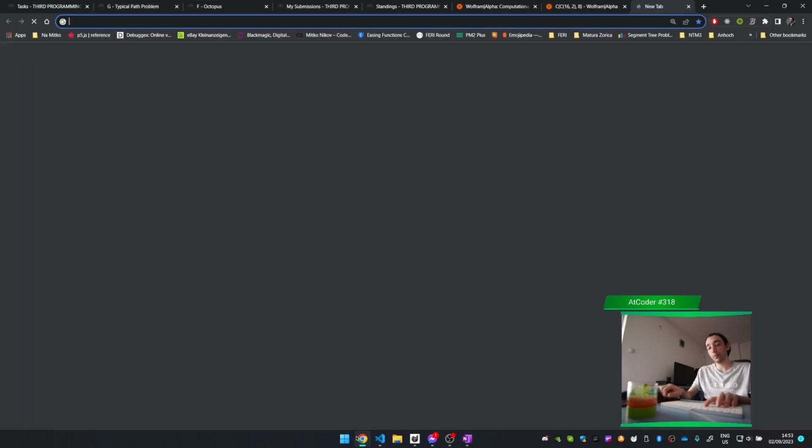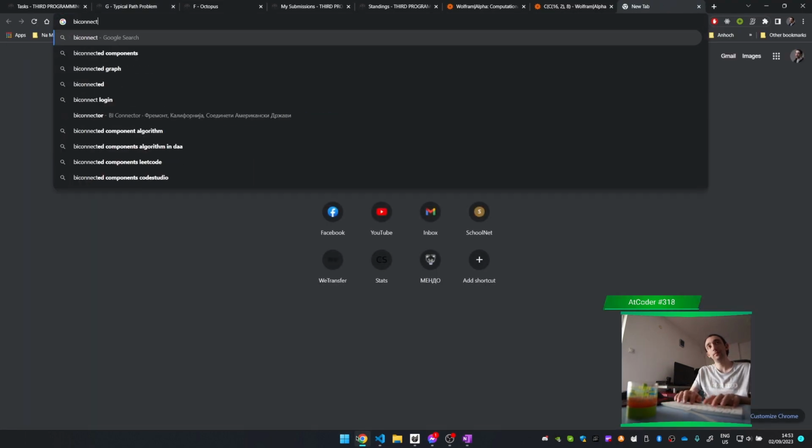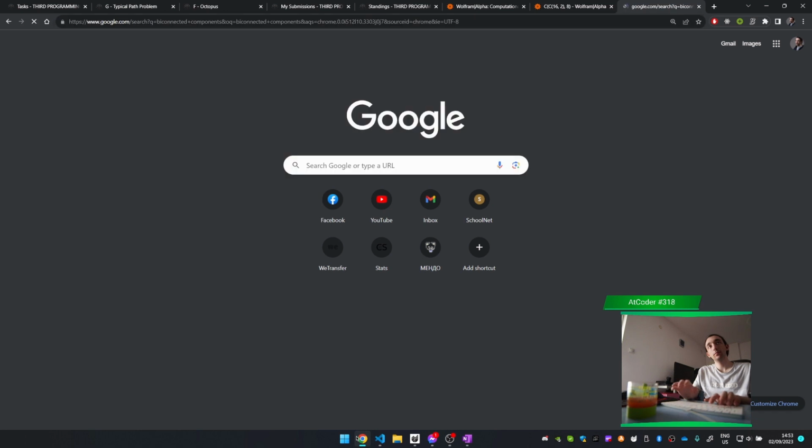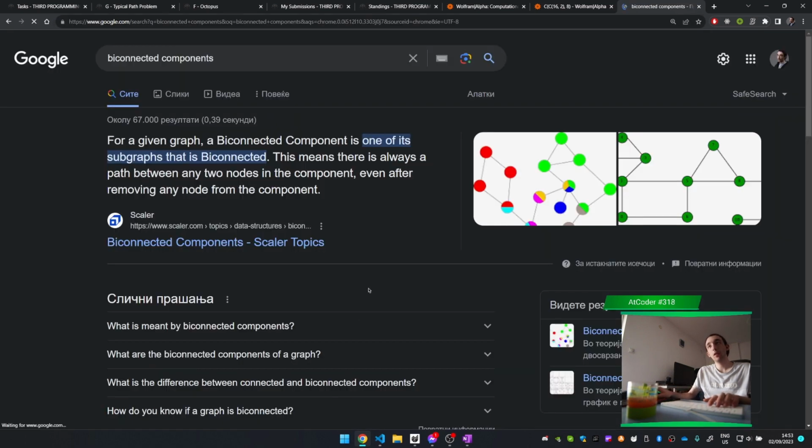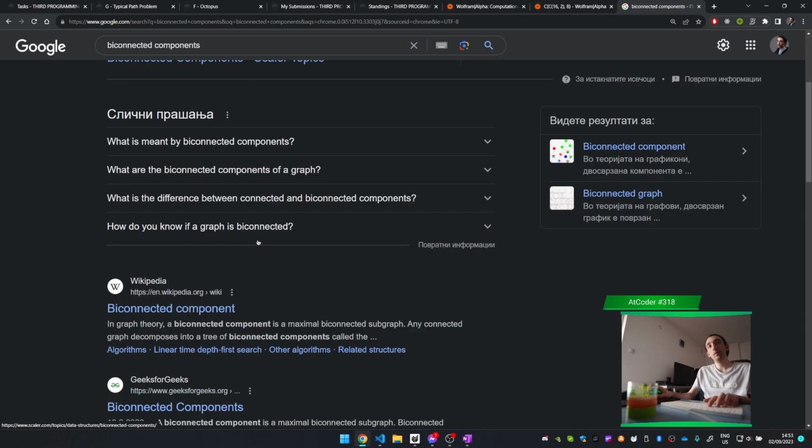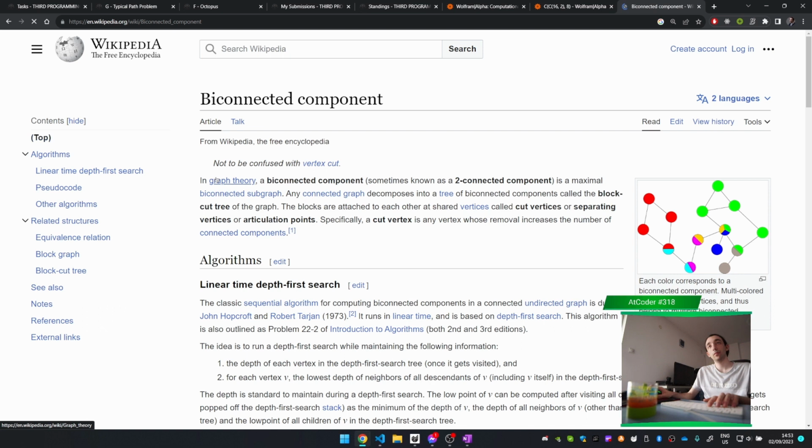Or maybe something with biconnected components. Something where you have two paths to come to these points. Each of these points will have two paths to come to there.